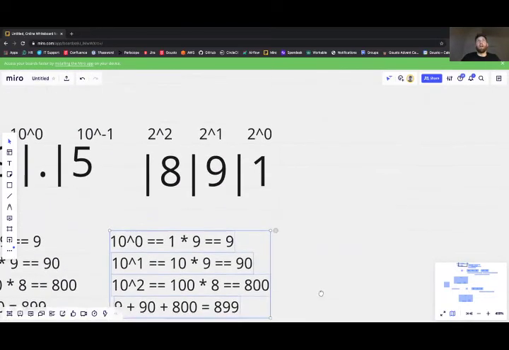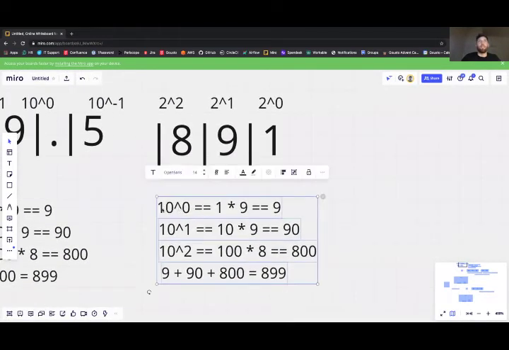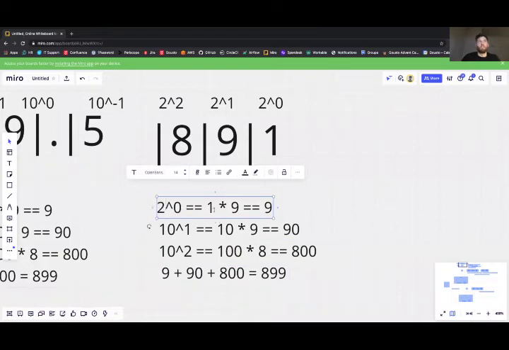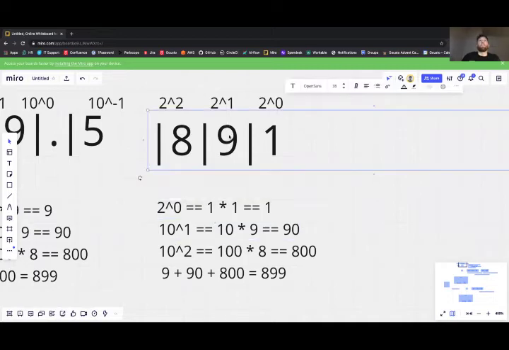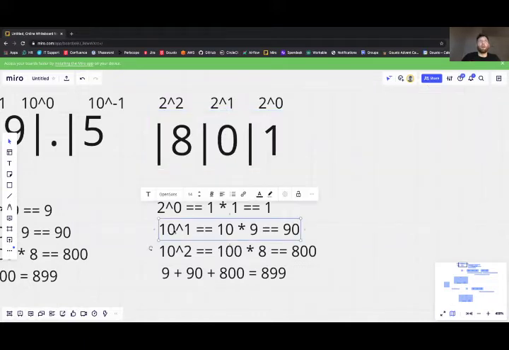Let's do our quick math. So 2 to the 0 equals 1 times 1 equals 1. Let's say we want a 0 in this column. So 2 to the first power equals 2 times 0 equals 0.